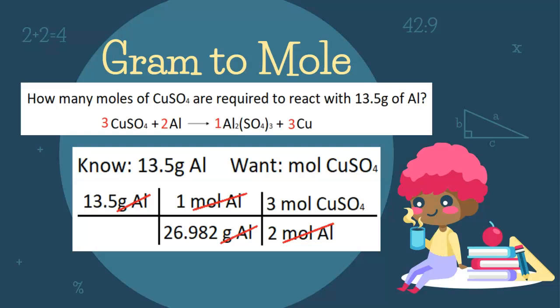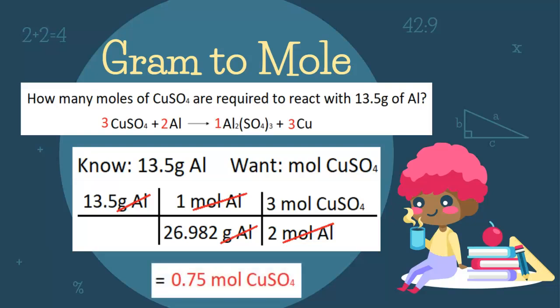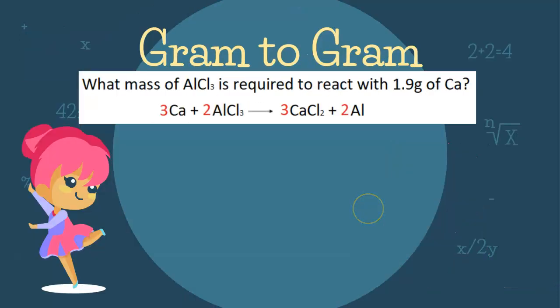So multiply your top numbers, divide by your bottom numbers, 13.5 times 1 times 3, divided by 26.982 divided by 2, gives us our answer, which is 0.75 moles of CuSO4.